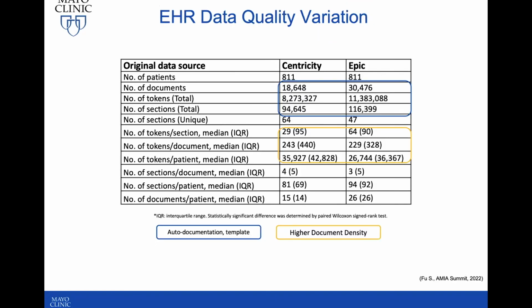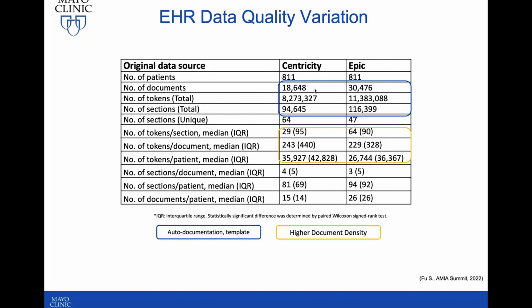Then, after Mayo implemented the EHR system migration from previously Centricity to the current EPIC system, if we look at the syntactic and semantic structure of clinical documents, we learned that EPIC actually has an increasing number of documents, number of tokens, and number of sections compared to Centricity.